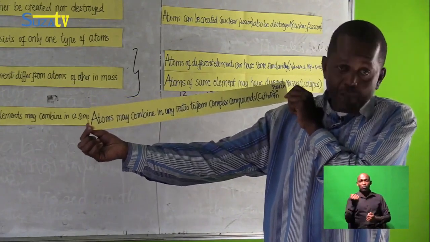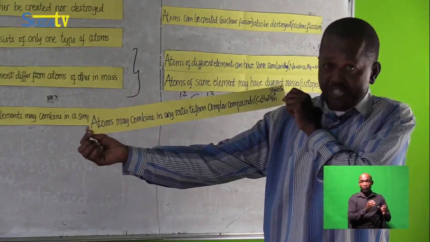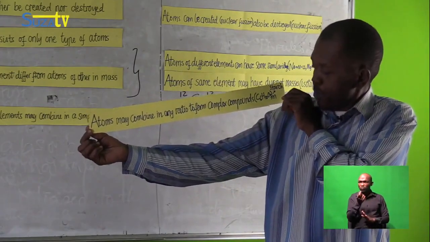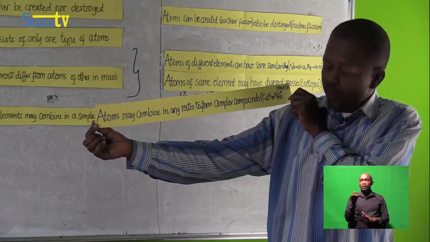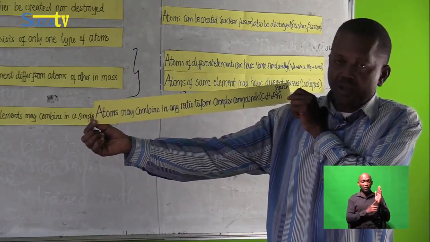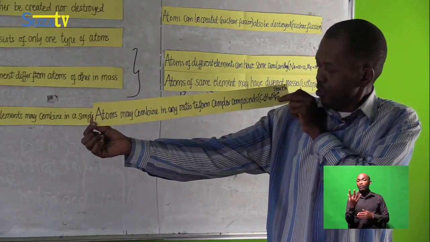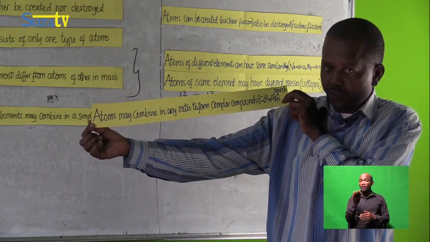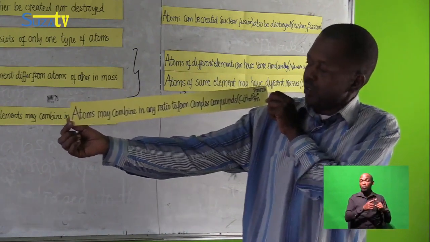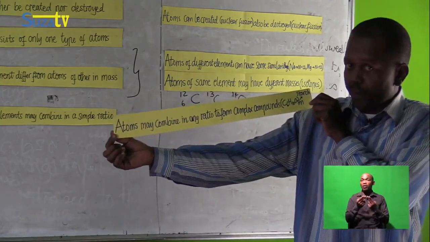Here we have an example of a starch molecule where the number of carbon is 6, hydrogen is 10, and oxygen is 5. So there is a multiple of n, where n is a whole number.